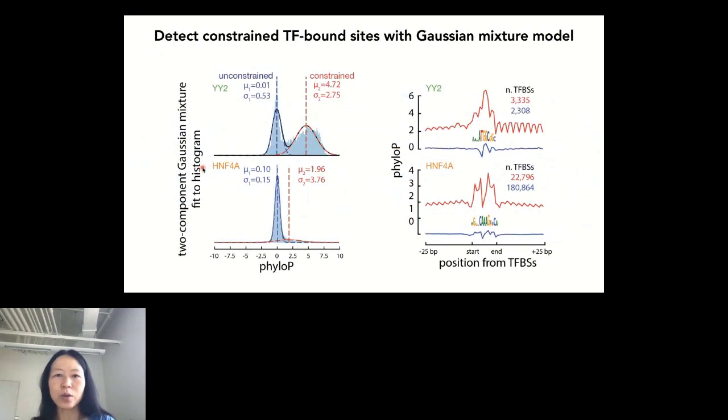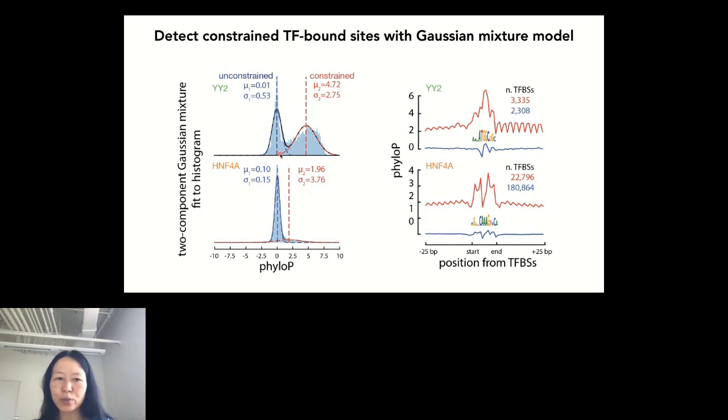So, to take into account the evolutionary speed and the mutational rates, we came up with a Gaussian mixture model to detect constrained elements for each of the transcription factors, because they can be different between different transcription factors, as shown in 2 examples here, YY2 and HNF4A. And when we fit the Gaussian components, there are 2 means here, mu1 and mu2.